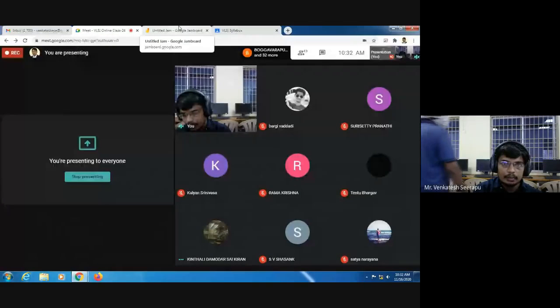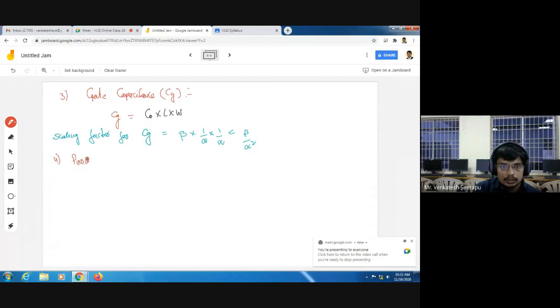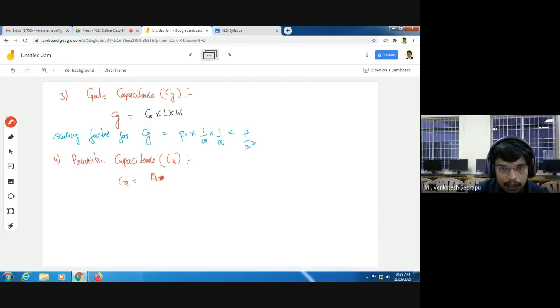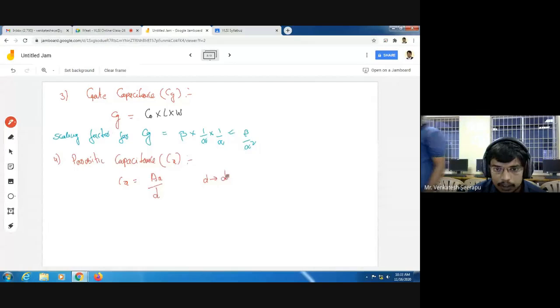Next, we will calculate a scaling factor for parasitic capacitance. It is Cx, and Cx is equal to Ax by small d, where d is the diffusion depletion width.